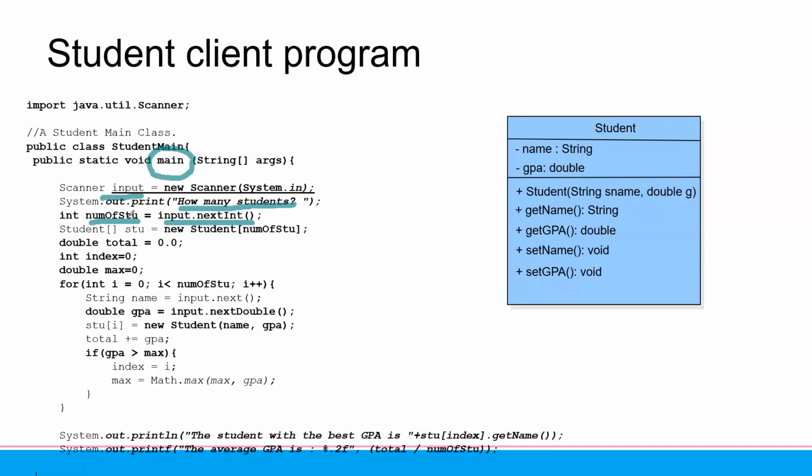Once I have the integer value, I will create an array of the student class. When I have the array, I need to define its size, so the size of the array will be the same as the input from the user.